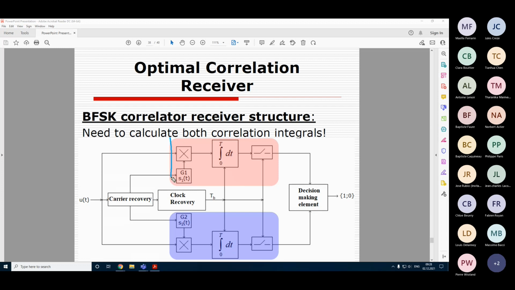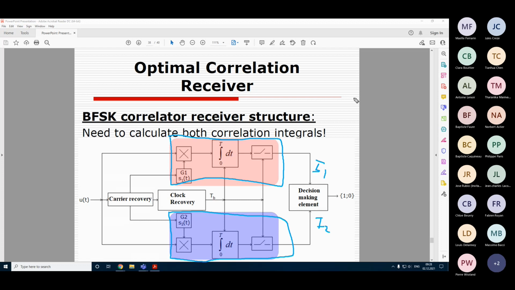So it works pretty simply, exactly as for amplitude shift keying. We calculate the correlation integral for the second signal, and instead of comparing with some threshold, now we compare these two correlation integrals, I1 and I2. Whichever of them is greater is that symbol.